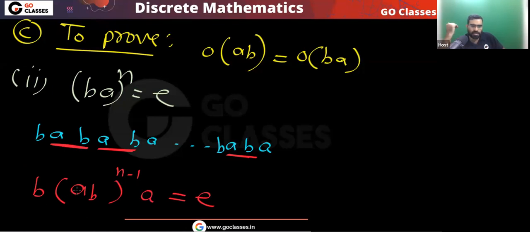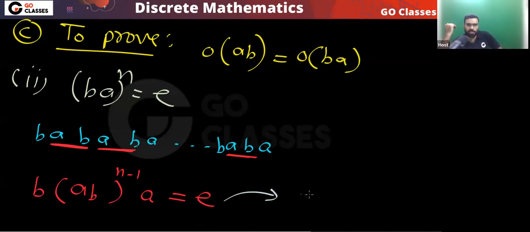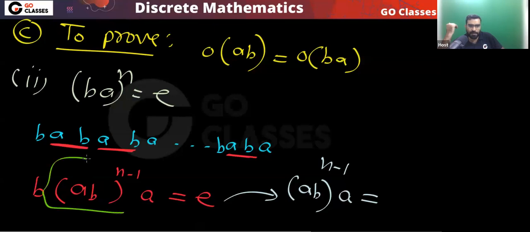Next, from here, now you find (AB) power n. But from here you can notice one thing. What is (AB) power n minus 1 A? Tell me. This is equal to B inverse.